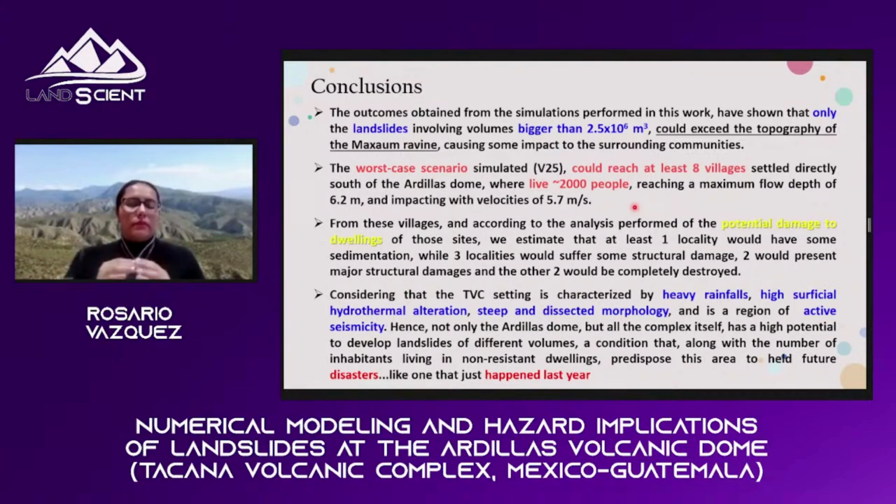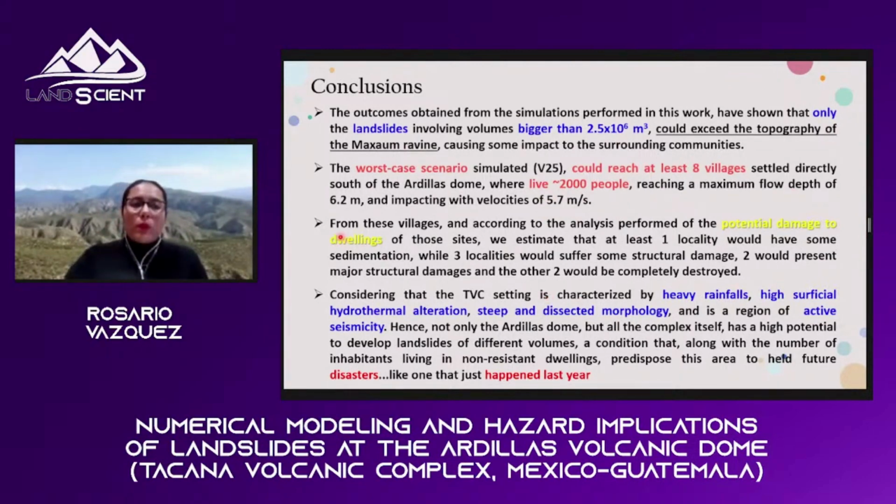I mean, on the flanks of the volcano, where at least 2,000 people live. And from our maps, we observe that there will be some areas where a landslide could reach flow depths bigger than 6 meters and have impacting velocities of more than 5.7 meters per second.